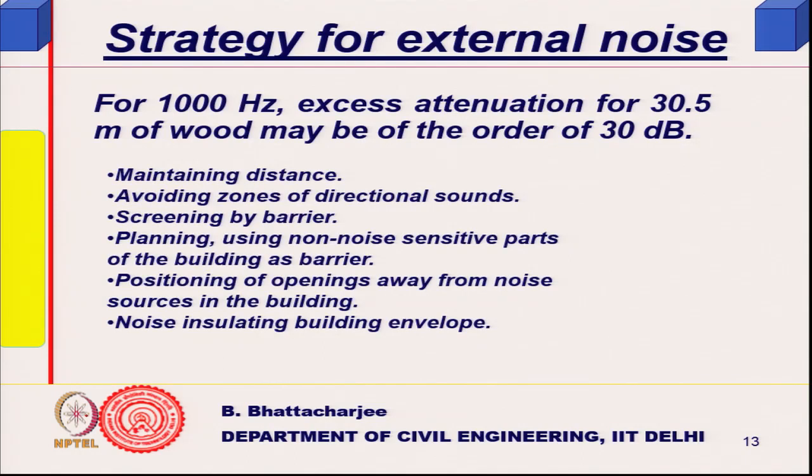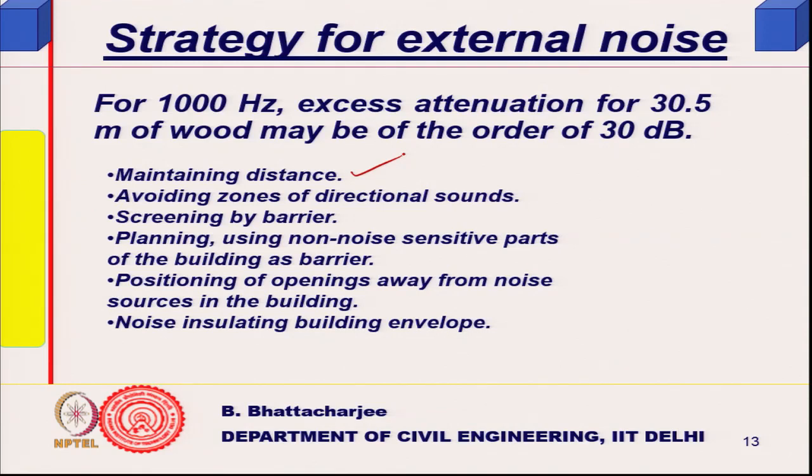So, what is my strategy then? The first strategy is to maintain a large distance between source and receiver. That itself will reduce the noise. Then another concept is to avoid the source of directional sound.